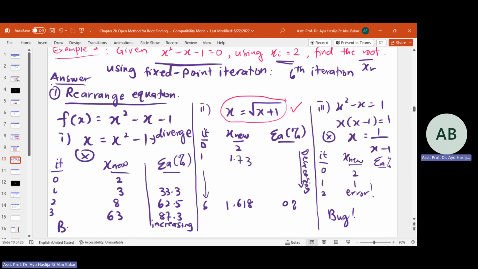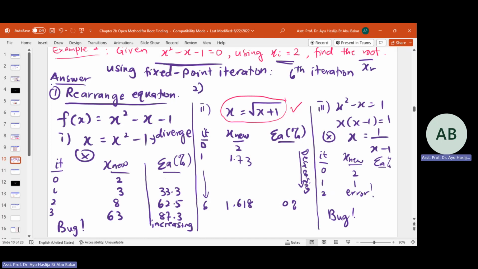Okay, because you can see it is either diverging or error, math error. So that's why in fixed point iteration, the first step is to rearrange the equation.